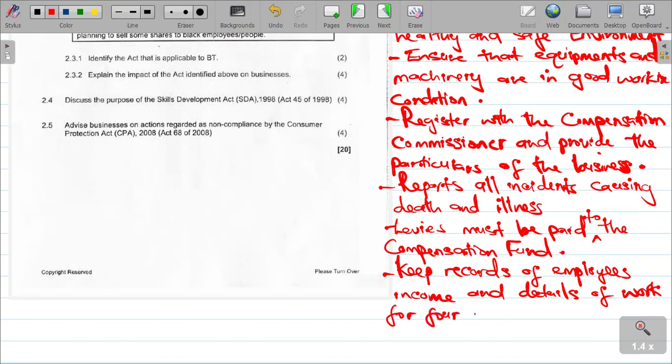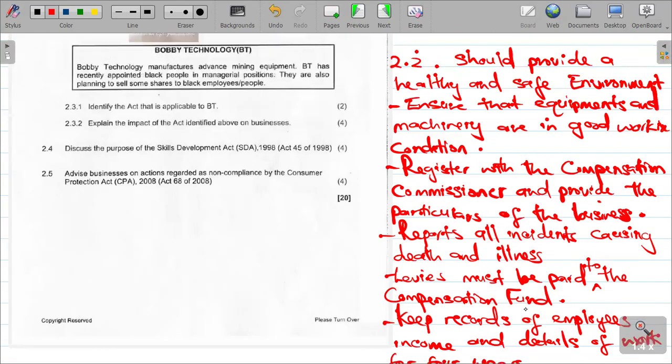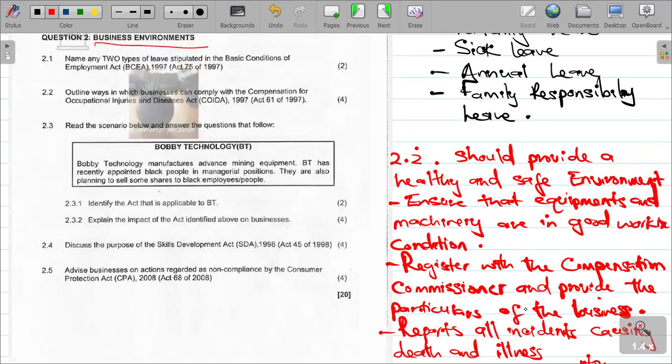Even if the employee leaves the organization, they're supposed to keep that information for 4 years, right? Let's move on to question 2.3.